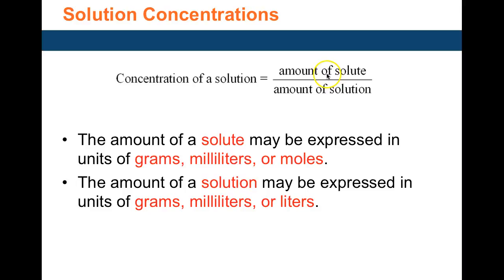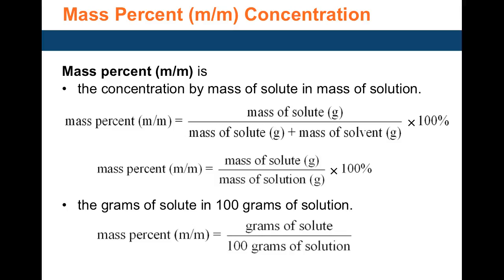So amount of solute in a given amount of solution, that's the concentration, all right? This amount can be in grams, it can be in mils, or it can be in moles. Again, the amount of solution can be in grams or mils or liters.